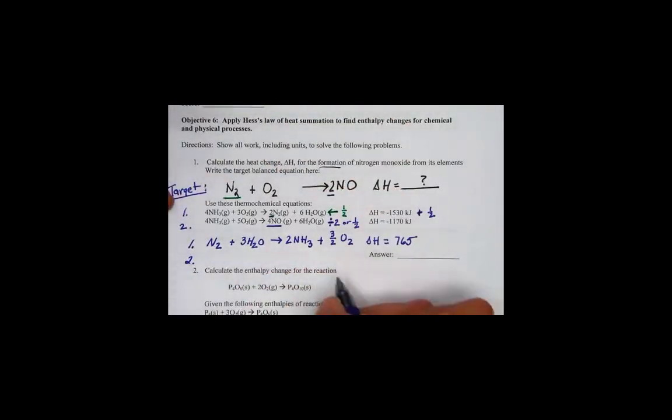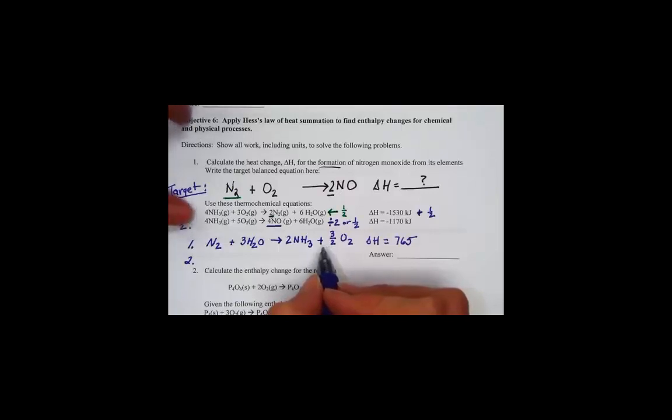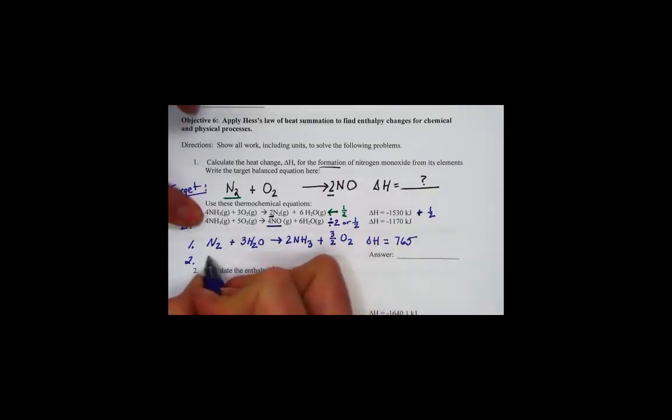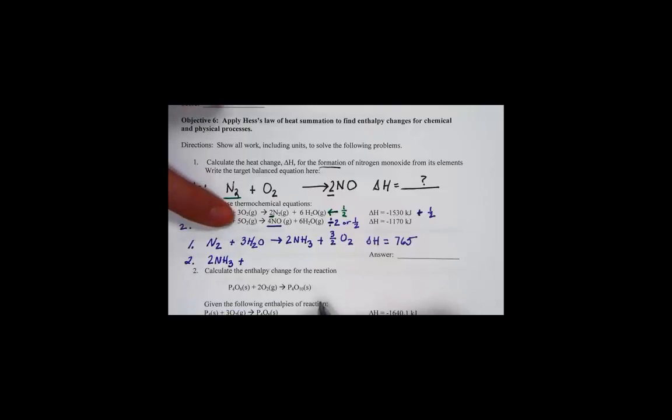The second equation, we decided to leave the direction alone, but to cut it in half. We started with 4 units of ammonia. Cutting that in half leaves us with 2 units of ammonia. The next reactant written is 5 units of O2. When we cut that in half, we would write 5 halves of O2.